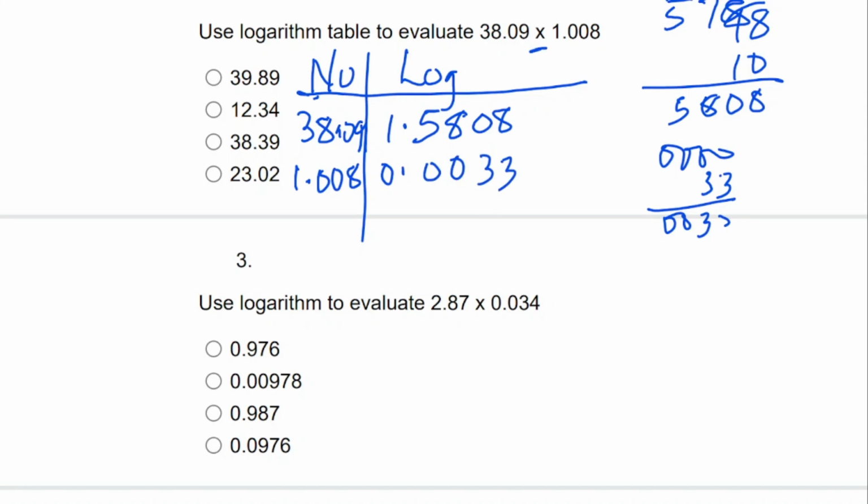This is also multiplication as well, so we add here as well. That is plus, so this is 1.5841.